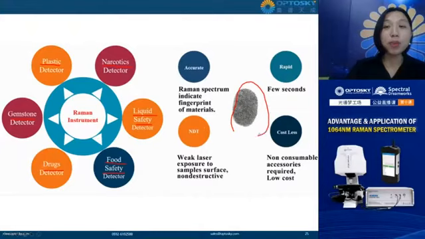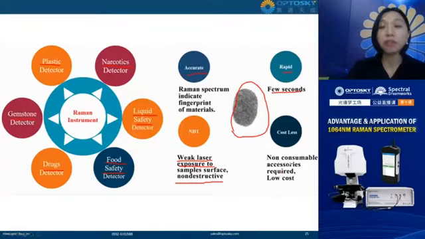Widely used because it's the fingerprint of the material, so it's very accurate. It takes only a few seconds, so it's very fast. And it just needs a weak laser to expose the samples, so it's non-destructive. And it has no consumable parts, so the cost is very low.